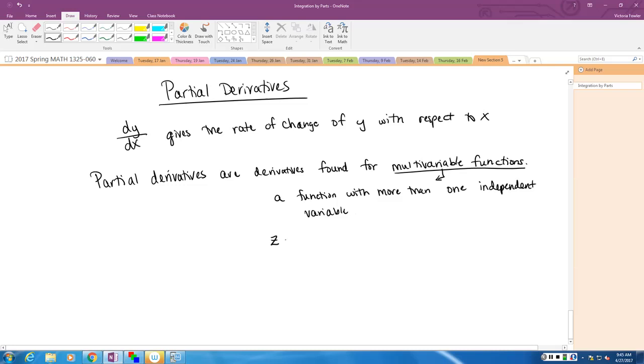And you'll see these written as z equals, and then we use the notation f, but it's a function of x and y. So z equals f of x comma y. And that's where x and y are independent variables.